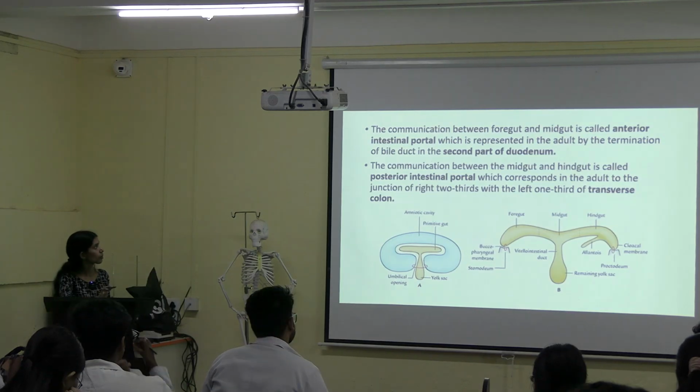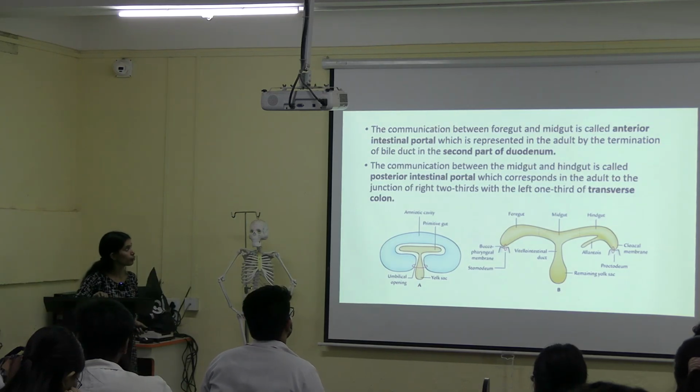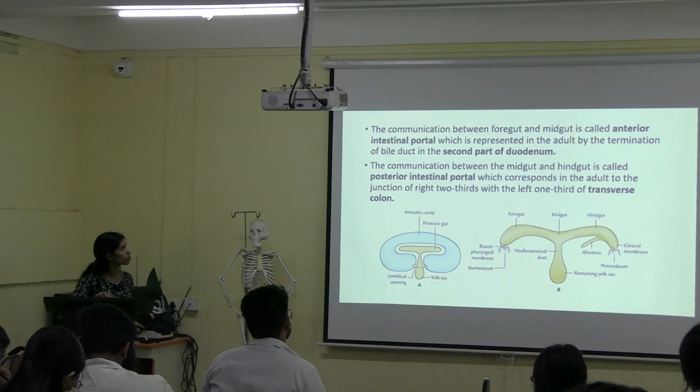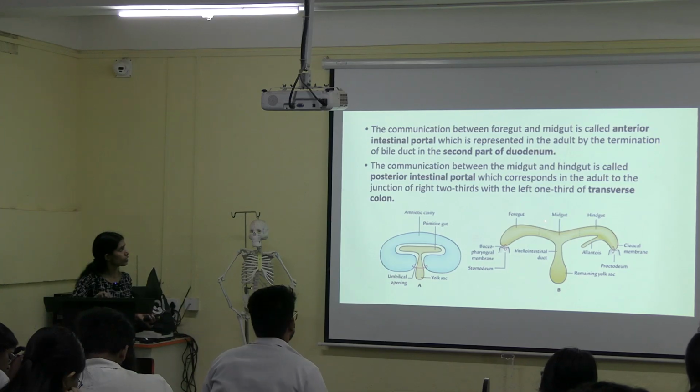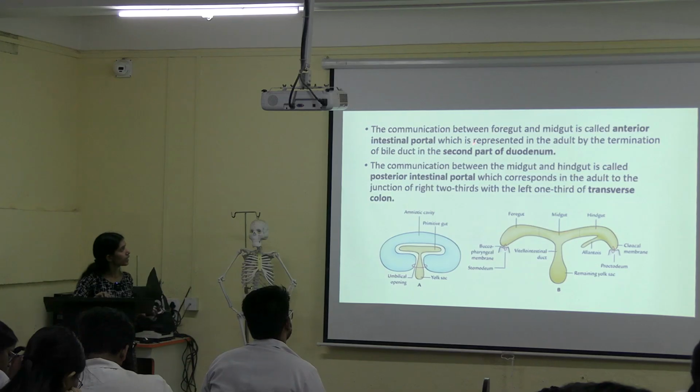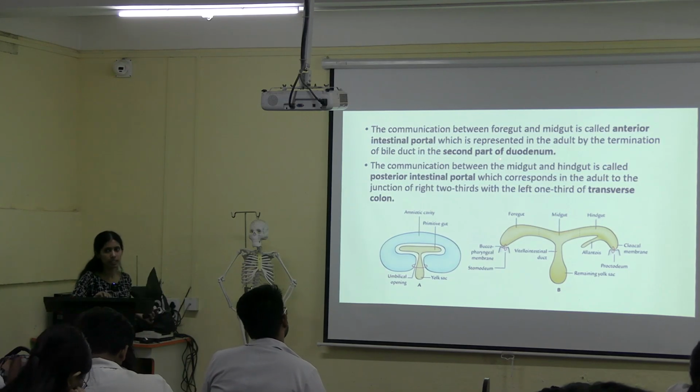The communication between the foregut and midgut is called the anterior intestinal portal, that is this part. This is the communicating point between your foregut and midgut. Later in the adult this will form the second part of the duodenum.